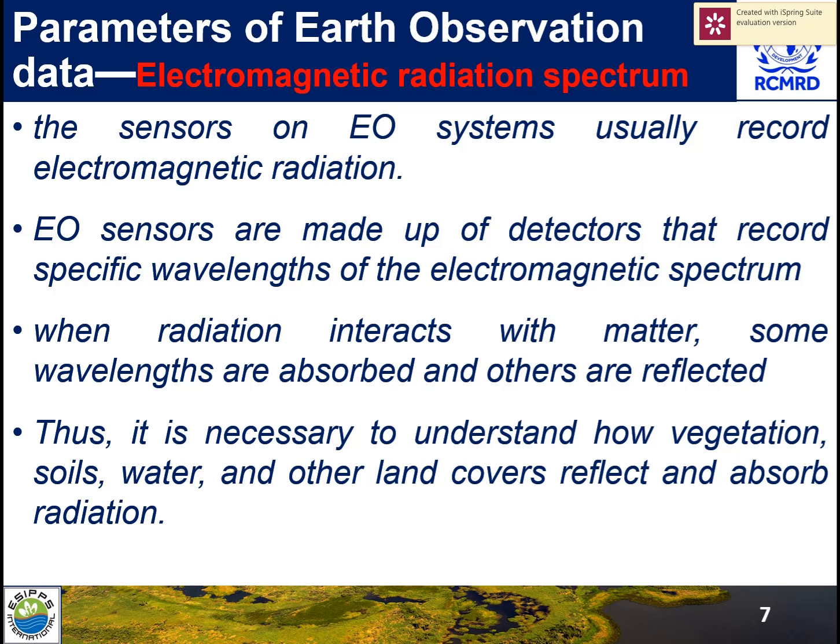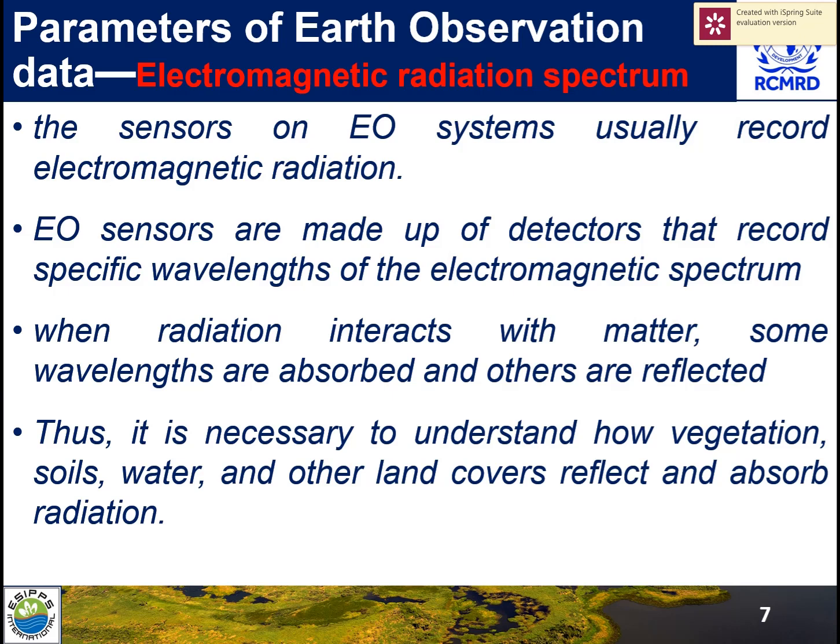So in other words, these EO systems are made up of detectors that record specific wavelengths of electromagnetic radiation. Now, in this lesson, we are not going to dive so deep into understanding the concept of the wavelength of the electromagnetic spectrum. But we should quickly understand that every object has a capability of giving out energy or absorbing energy within varying wavelengths of the electromagnetic spectrum.